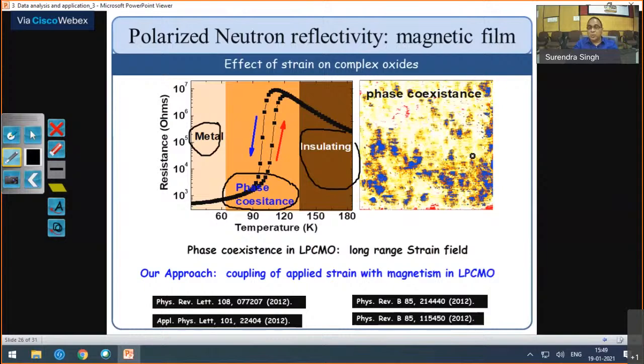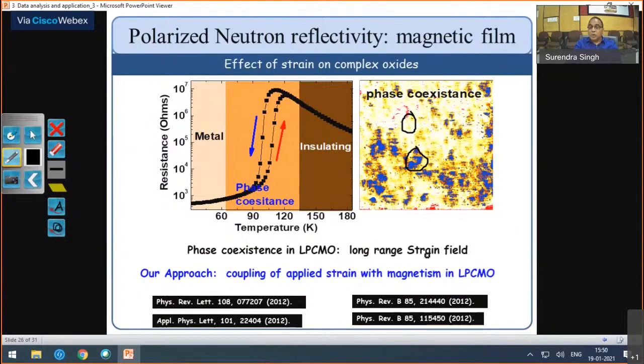You can see the phase coexistence is also here at one particular temperature. We have taken these conducting AFM measurements from this. You can see these blue ones are the metallic and this is the insulating phase. So there is a phase coexistence happening when we cool down these systems.